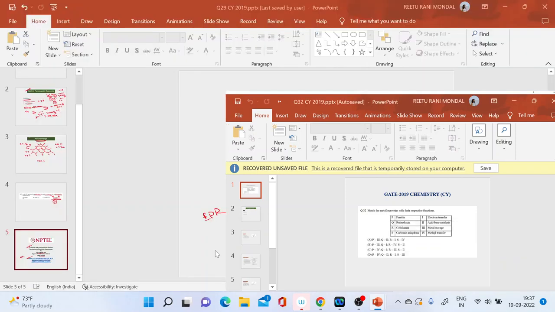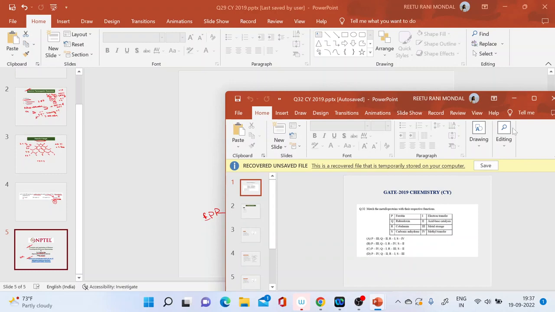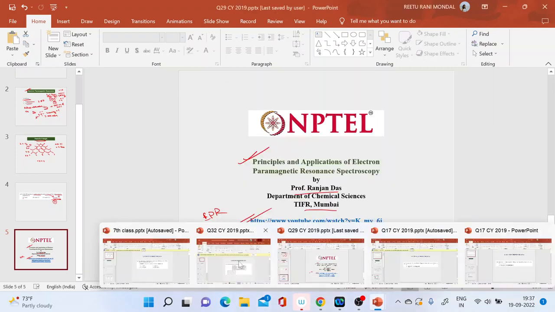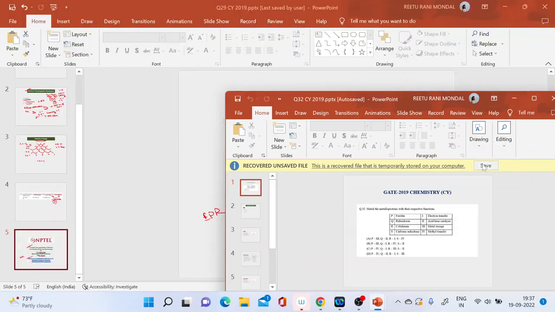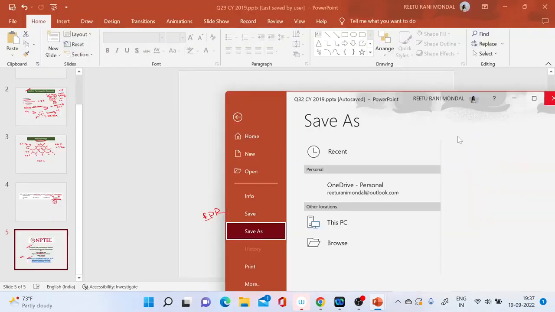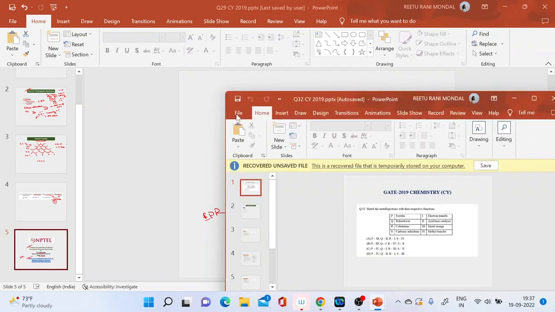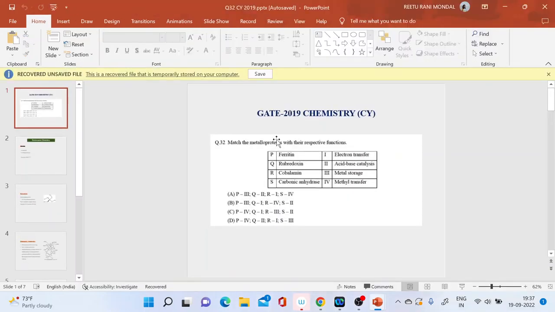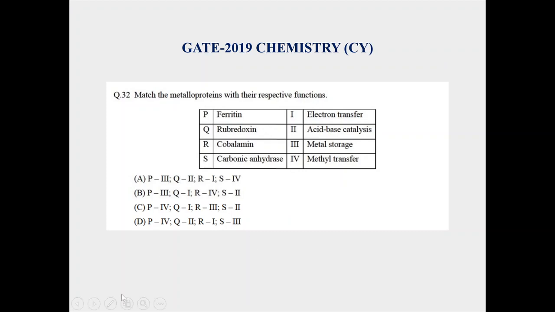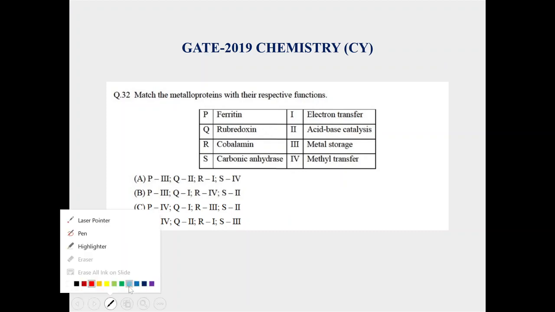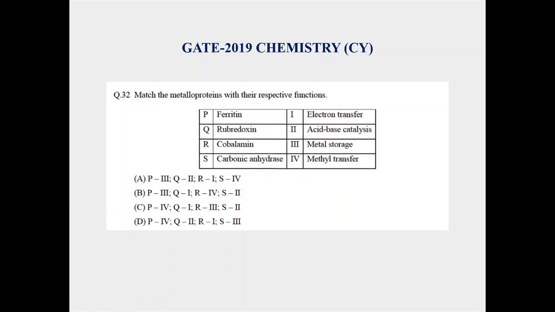So next is question number 32. This is question number 32 from the GATE 2019 paper.